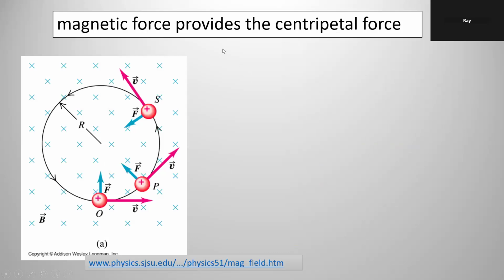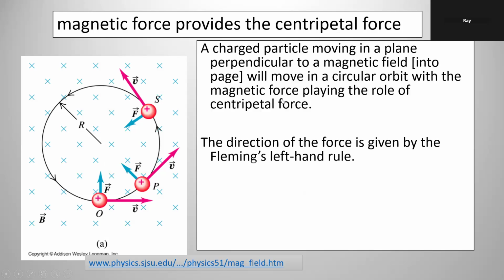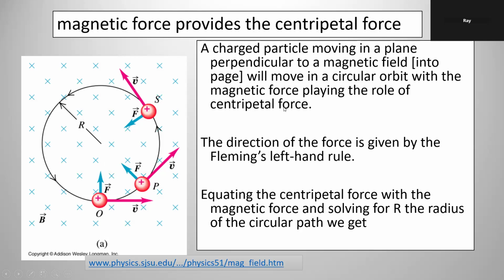Direction given by Fleming's second rule. A charged particle moving in a plane perpendicular to the magnetic field. That's the diagram there. Magnetic field is going into the page. It will move in a circular path with magnetic force playing the role of centripetal force.